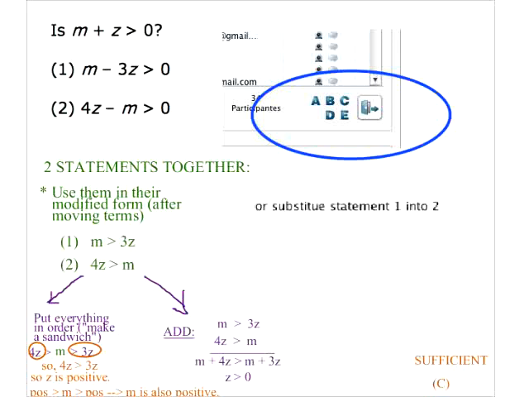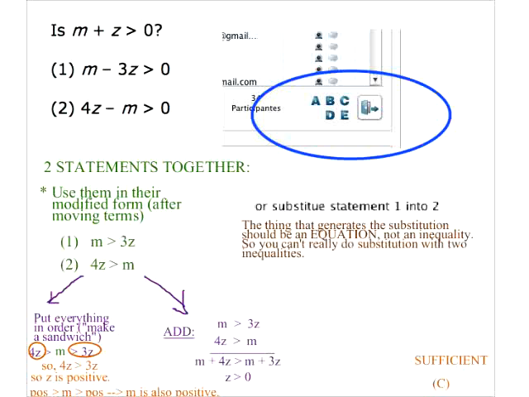You can't substitute unless the thing that generates the substitution is an equation, not an inequality, because you have to solve for something to be able to plug it in. So you can't really do substitution with two inequalities.